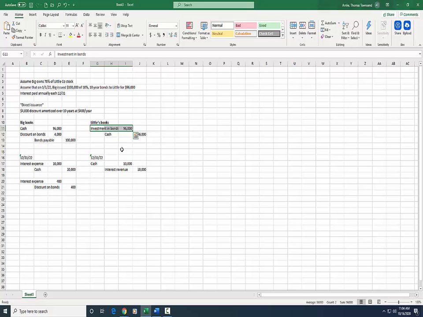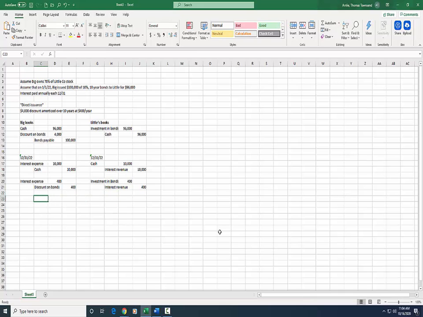They simply record the investment at its cost. By the time these bonds mature, this investment needs to be up to $100,000. So we're going to amortize that $4,000 discount by increasing the investment in bonds, and crediting interest revenue for $400 every year for the next 10 years.